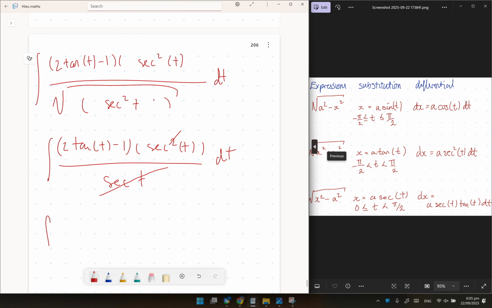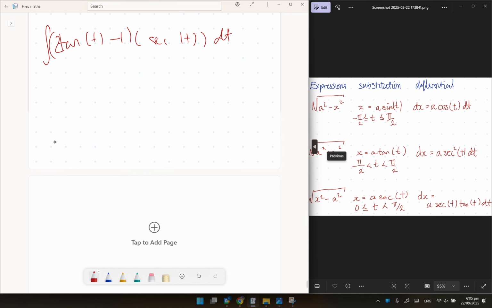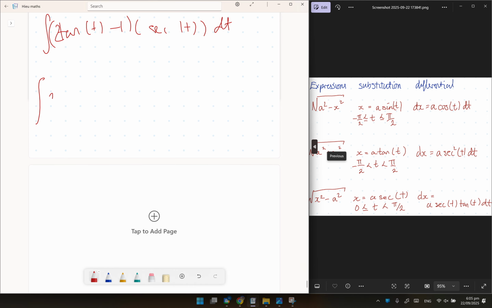So now we just have the integration of (2 tan t plus 1) multiplied by sec t dt. That comes out as the integration of 2 tan t sec t plus sec t dt.